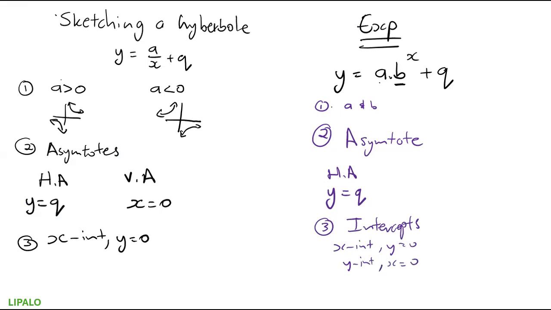Sometimes I want to tell you something. Sometimes in an exponential function, you won't have a y-intercept, or there can be a case where you don't have both intercepts. So it's very important that you know that sometimes you're not going to get both intercepts, you only get one. Okay, here's what I'm talking about.